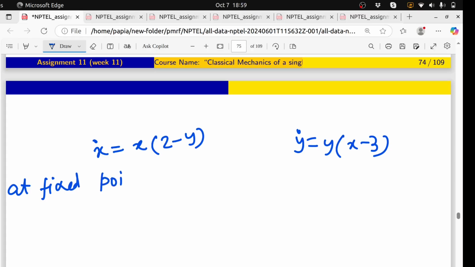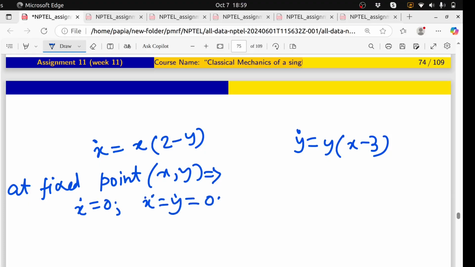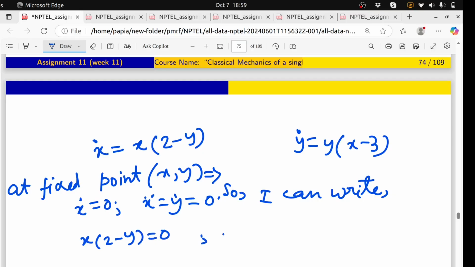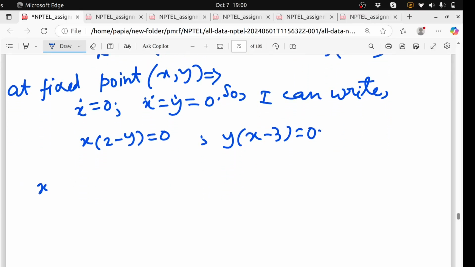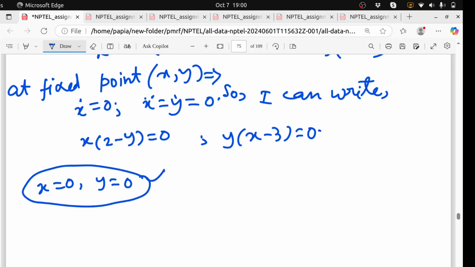At a fixed point (x, y), x dot should be 0 and y dot is also 0. So I have to write x(2 minus y) equals 0, y(x minus 3) equals 0. Now we can see that x equals 0, y equals 0, this condition satisfies both.